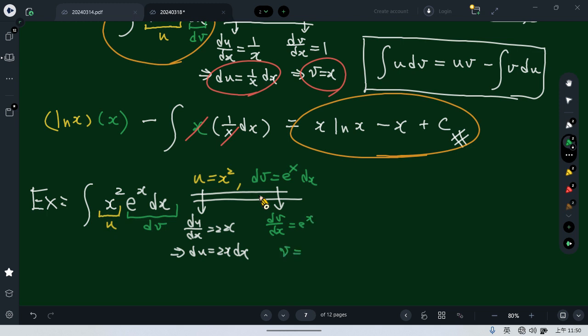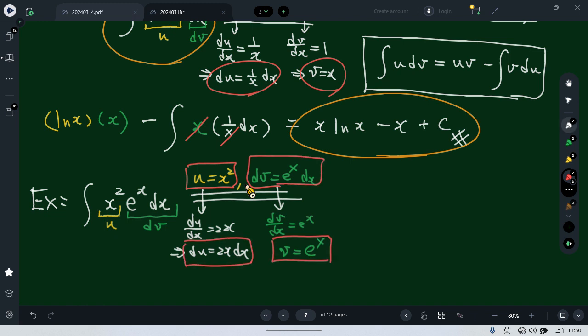Then v, here v should be what? Here, the exponential function, right? So we have four elements, this element, the third element, the fourth element, right?